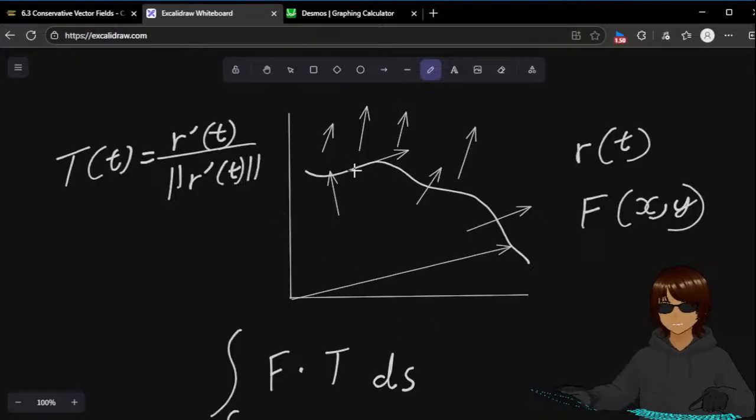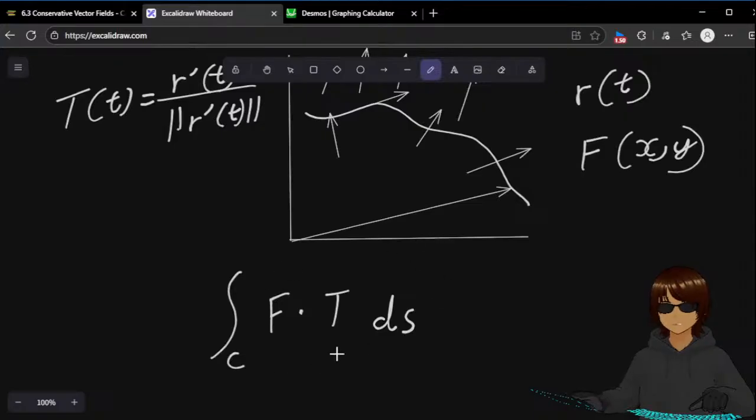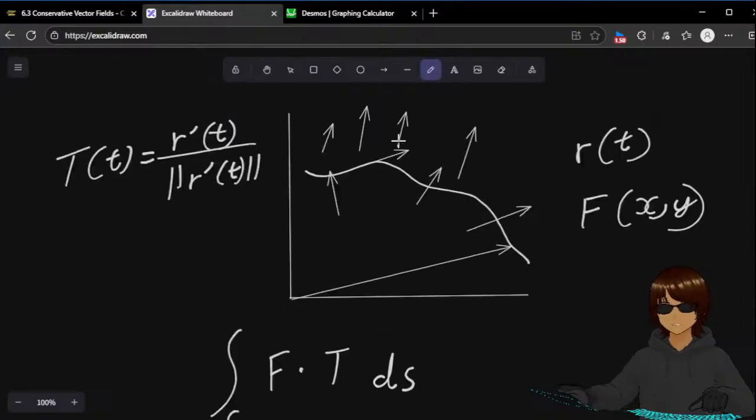And s over here is a piece of the curve. So the curve is cut into many pieces. If those pieces were infinitely small, that's ds. So this integral is basically saying, for each tiny piece, we multiply the vector field at that point with the tangent at that point, and we sum the multiplication for infinite points.